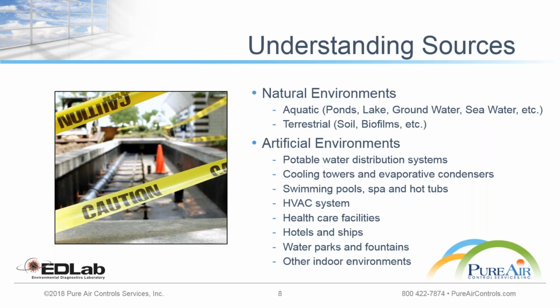Well, the answer is very simple. In the natural environment, aquatic sources such as ponds, lakes, groundwater and seawater are sources. Water can also be found in the terrestrial environment, especially in a mixture of soil or biofilm, which can also serve as a source of Legionella bacteria.